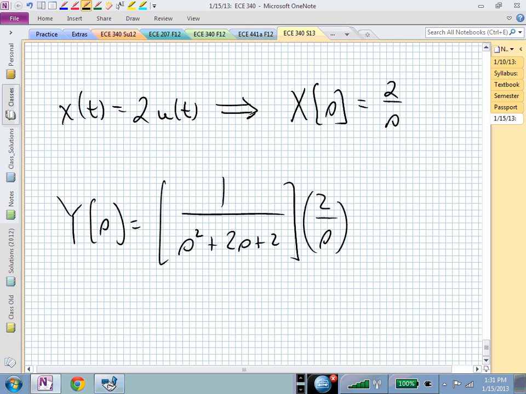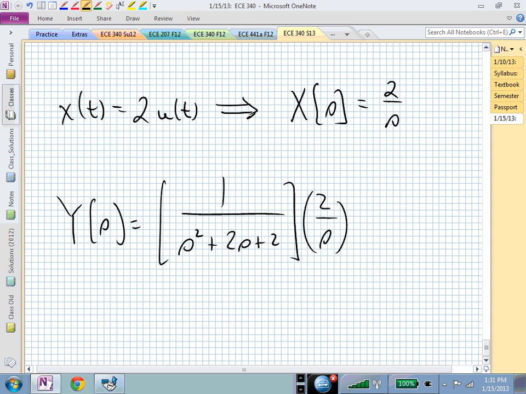I just need to know what pieces make up little y of t. What component pieces? It could be a constant piece, a sinusoidal piece, exponentially damped pieces, exponentially damped sines, exponentially damped cosines.